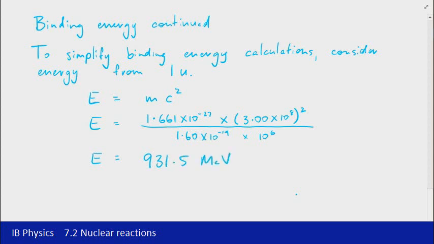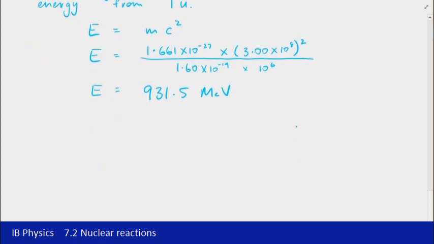So one atomic mass unit is equivalent to 931.5 mega electron volts. Now that's a conversion that's stated in the data booklet. It's in one of the tables with constants. They include, so basically that's sort of looking at what one atomic mass unit is in energy.